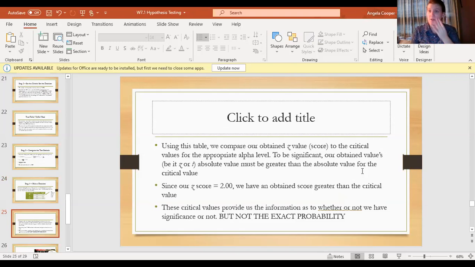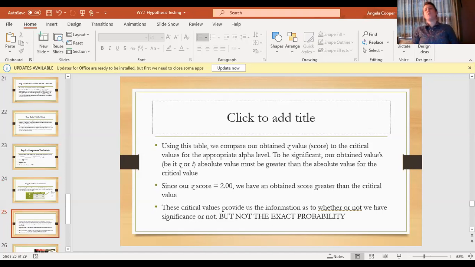Keep in mind that z-scores represent how many standard deviations away from the null we're looking at, how many standard deviations from the hypothesized null. So when we have 1.96 or negative 1.96, that's saying if your sample mean is more than 1.96 standard deviations above, or less than 1.96 standard deviations below the population mean, you're going to reject the null.